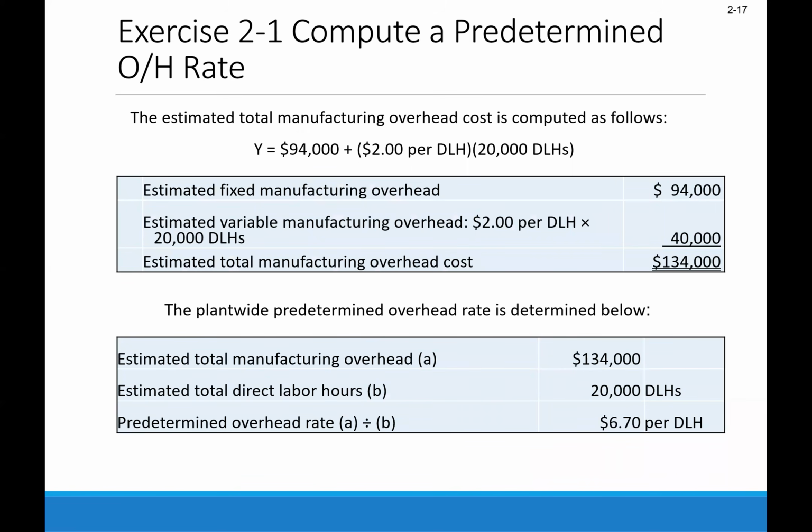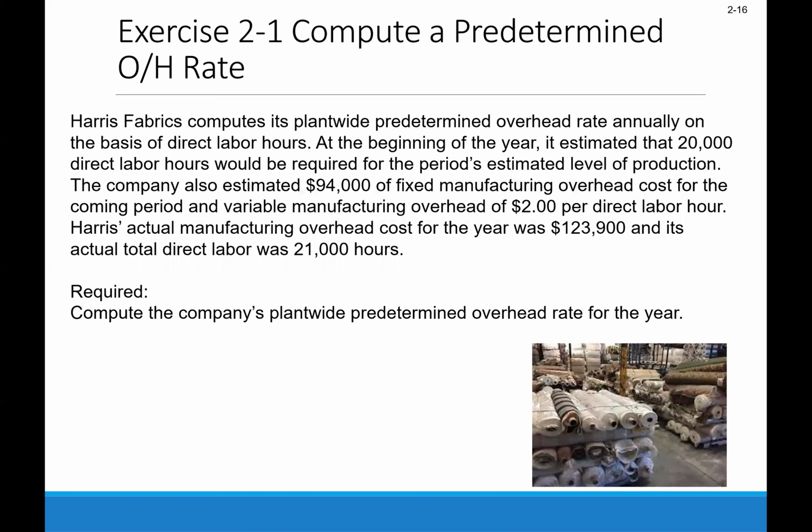So the way we compute this is we take our estimated fixed manufacturing overhead, the 94,000, and we take what we estimate the variable manufacturing overhead of $2 by 20,000 direct labor hours. Now that 20,000 direct labor hours were estimated. You see that? We estimated 20,000.